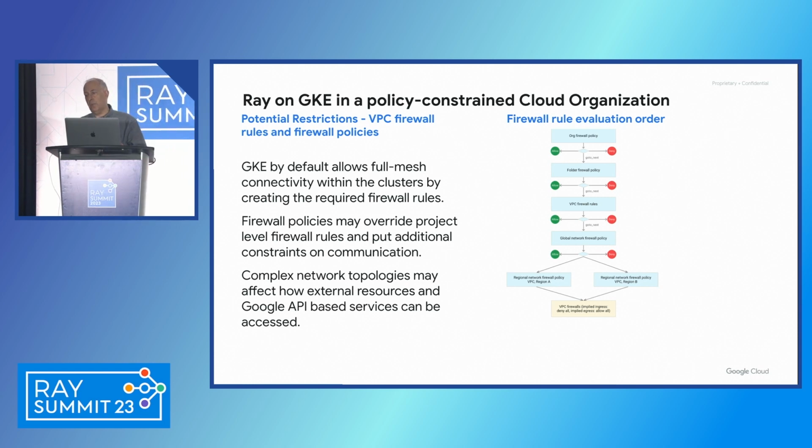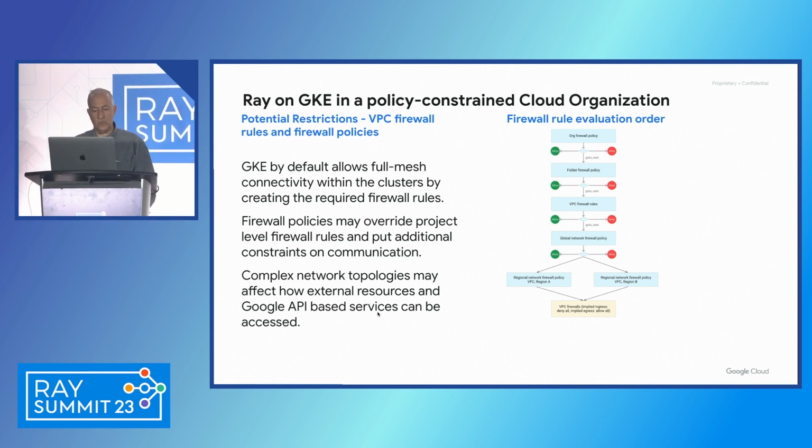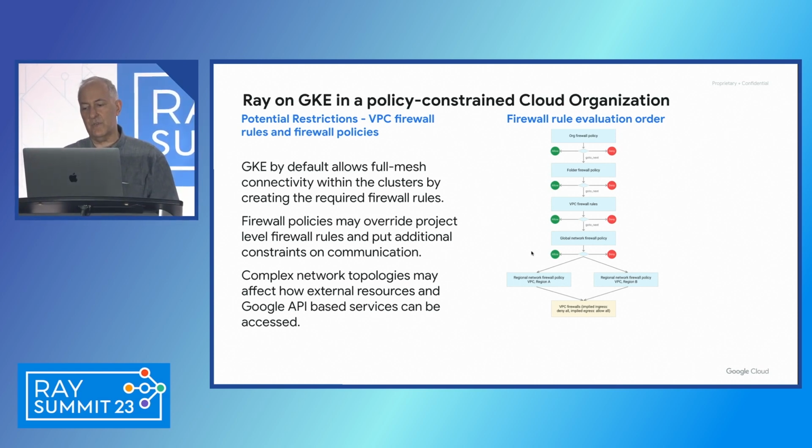And these firewall policies may override the project-level firewall policy that your organization has mandated. So you have to be aware of that, so as not to get it overridden, because then you're violating your organization's firewall policies. And there are a bunch of complex network topologies that affect how external resources and API-based services are accessed.